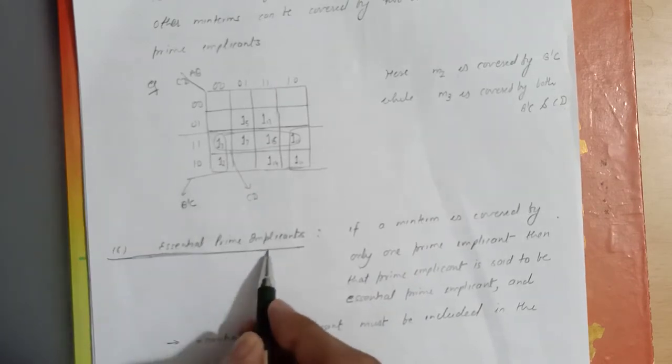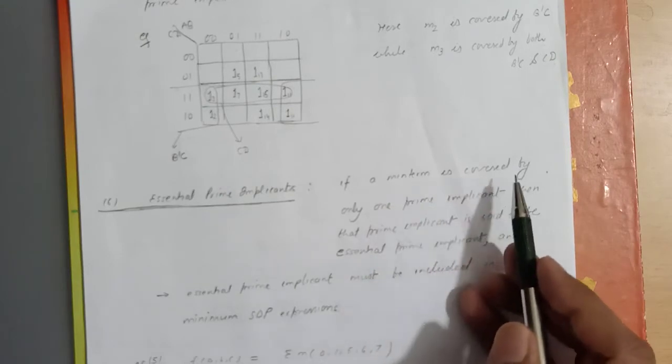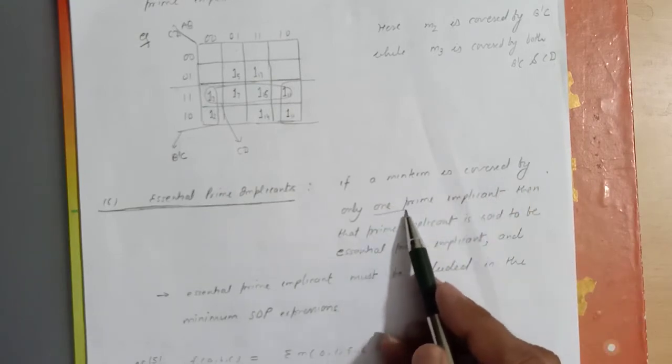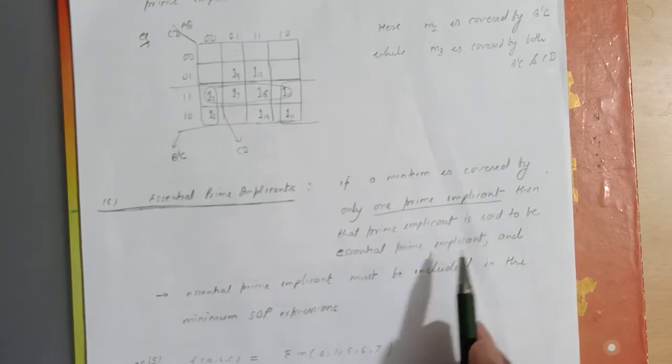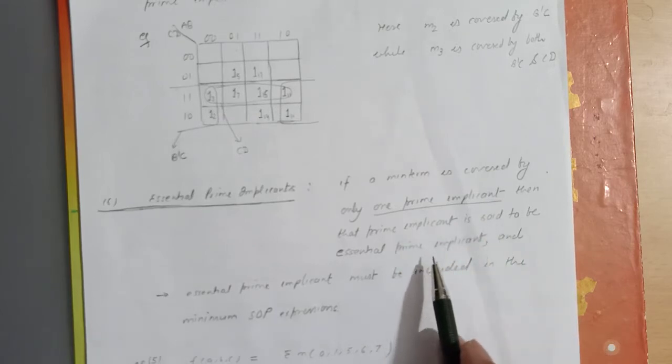Okay, so now we will define another term which is essential prime implicants. So it is clear, if a minterm is covered by only one prime implicant, then that prime implicant is said to be essential prime implicant.